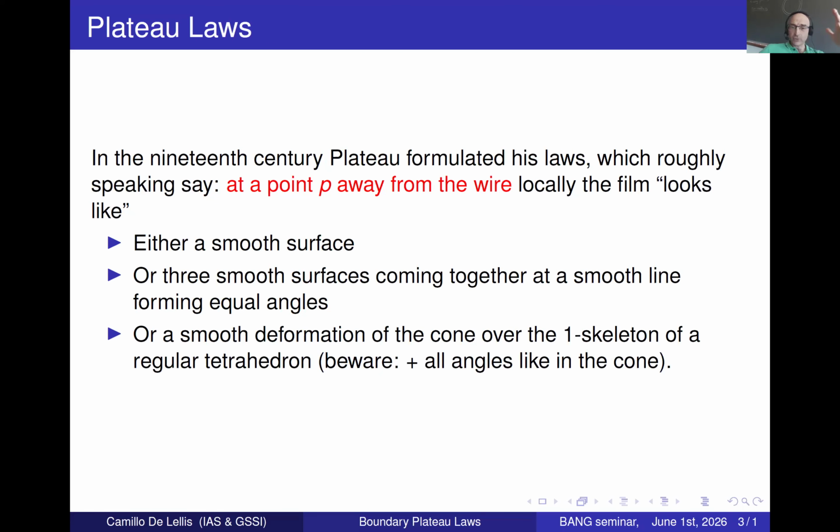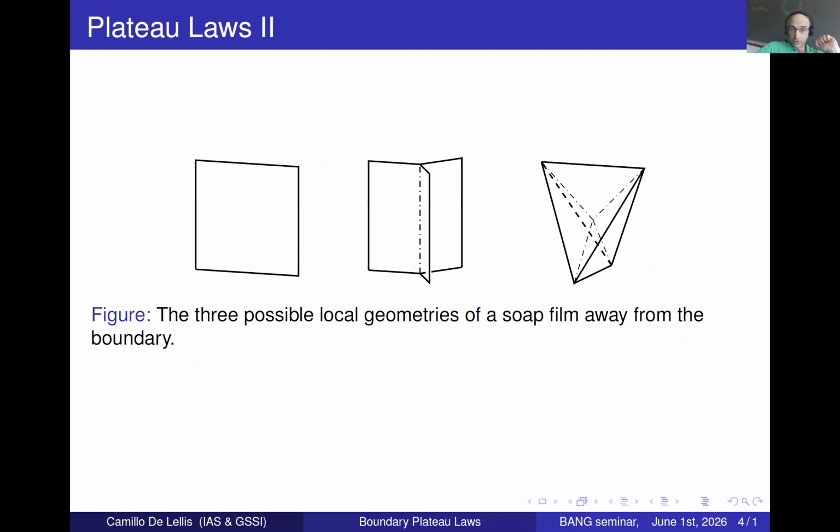Or it could be a deformation of the two-dimensional cone over the one-skeleton of a regular tetrahedron, but not any smooth deformation, one which still preserves the angles between the triangles forming the two-dimensional skeleton. Here's a picture for you.